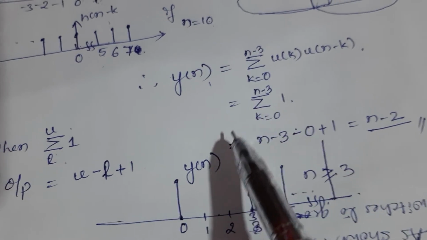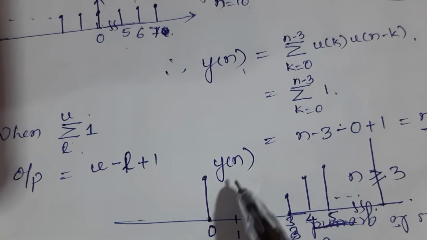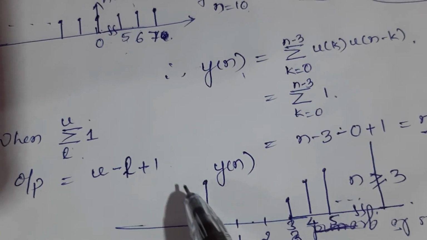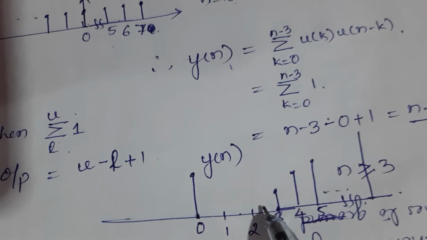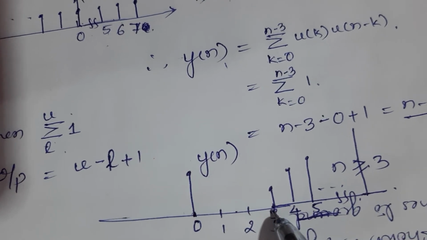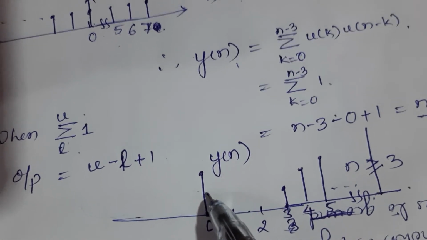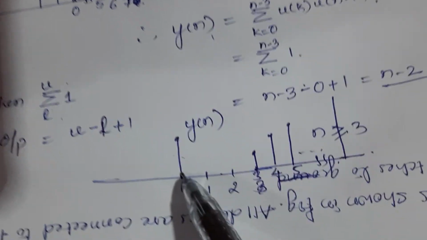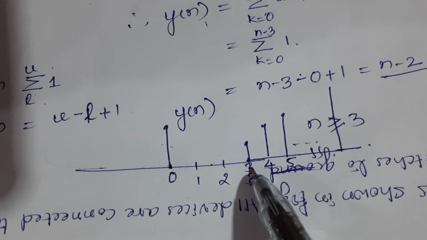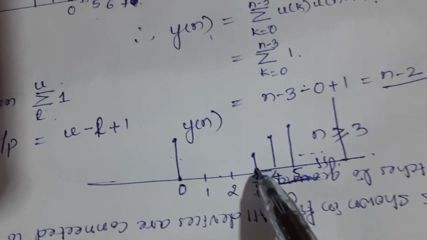So the output y of n is, as we know, when n is less than or equal to 2, or we can say when n is less than 3, the output is 0. When n is equal to or greater than 3, the output starts existing.